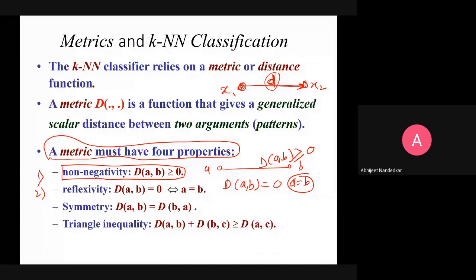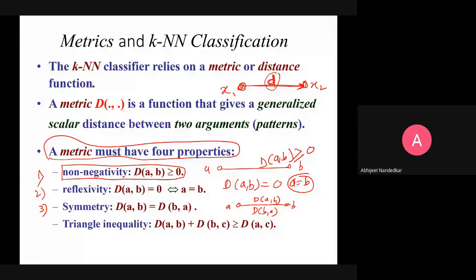That must be followed. The next property is symmetry. If I take A here and B here, then distance AB must be equal to distance BA. If that is the case, then you can use that function as a distance function.